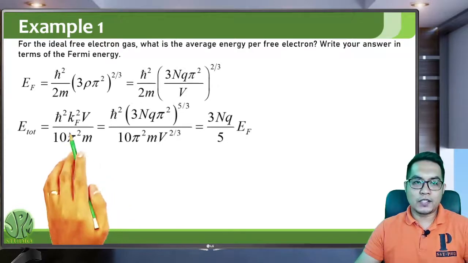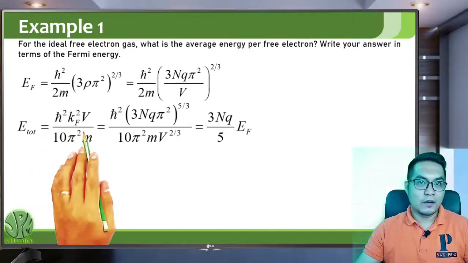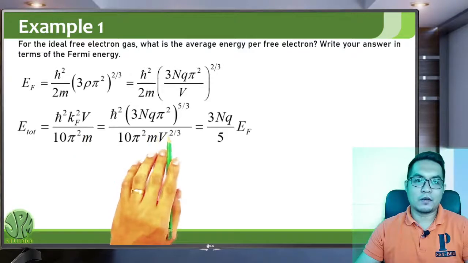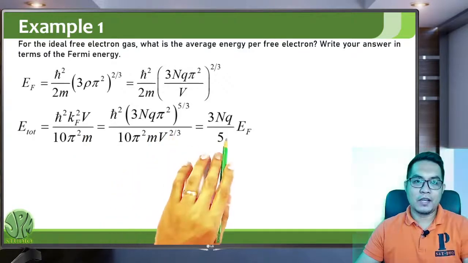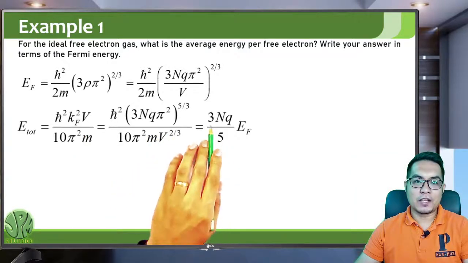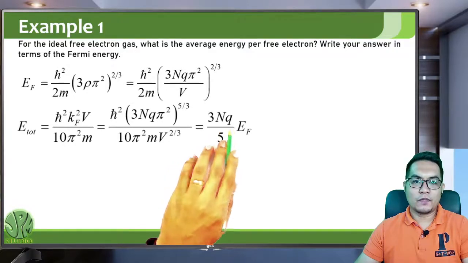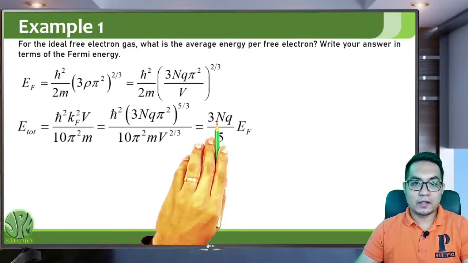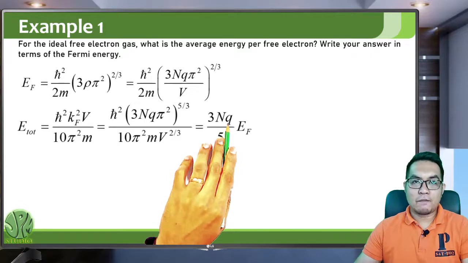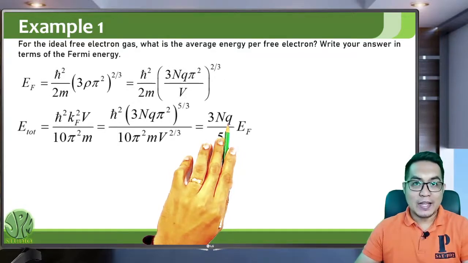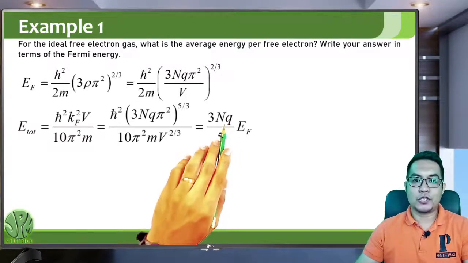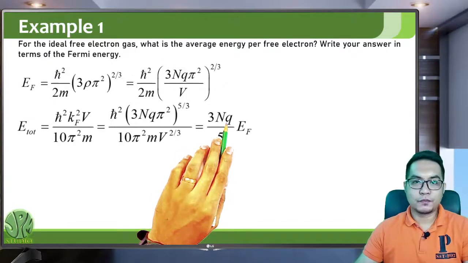So in order to do this, we need to write the total energy of the free electron gas in terms of the Fermi energy. And in terms of the Fermi energy, it's actually 3 Nq over 5 EF, where N is the number of atoms and q is the number of free electrons or valence electrons per atom, which is usually 1 or 2.